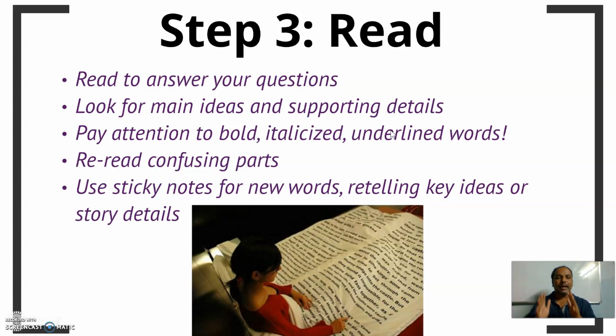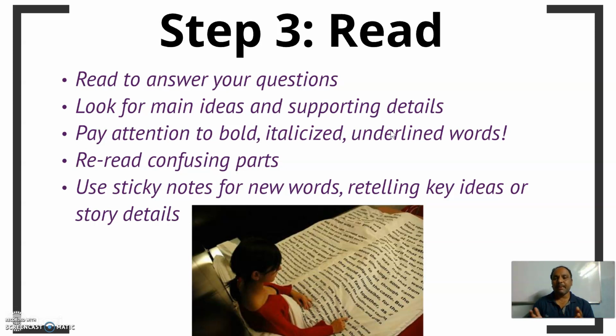This is done while reading the reading material, when you read to answer your questions. You have already formulated a few questions in the second step, and here you try to find answers to the questions that you formulated in the previous step. In this reading stage, you search for the main ideas and the subordinate ideas or the supporting details. When you read, you pay attention to the bold, italicized, or underlined words because they will contain the gist or the main theme of the reading material.